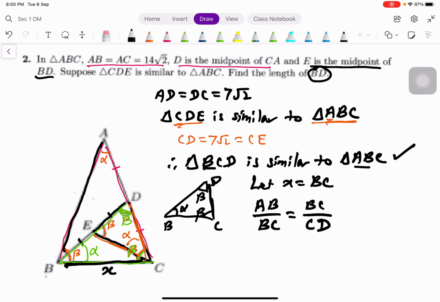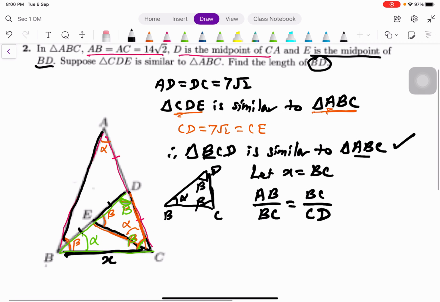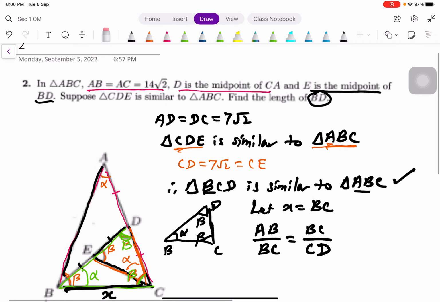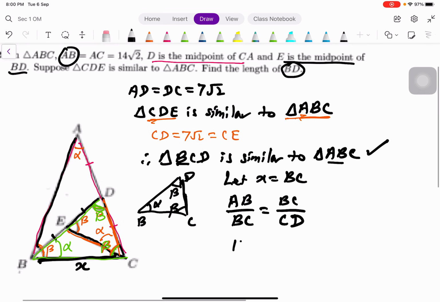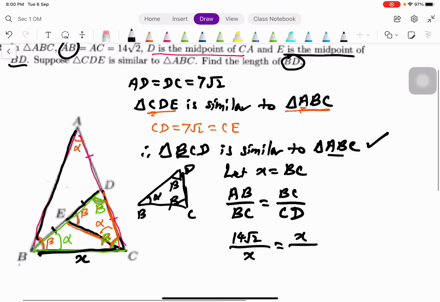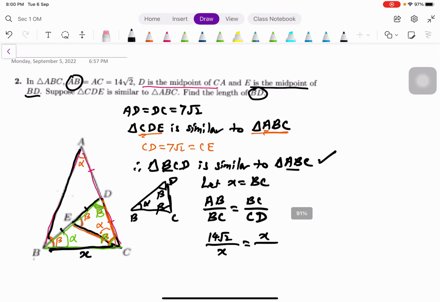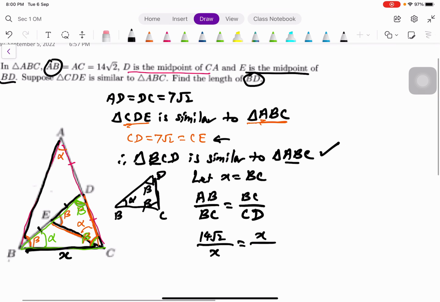Now we know that AB is 14 square root 2. BC is X, and CD is 7 square root 2.